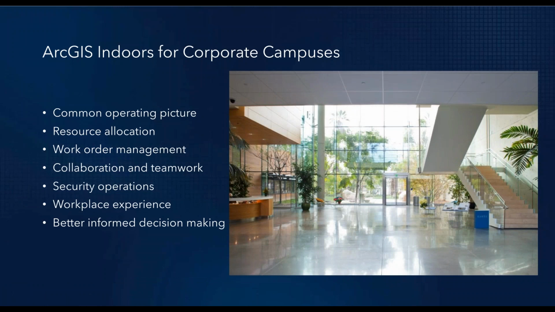So let's take a little bit longer with the example of corporate campuses. Managing big office complexes efficiently is a major challenge, and ArcGIS Indoors is providing the means to tackle these head-on and create a smart workplace. So what ArcGIS Indoors does is it visualizes places, people, and objects on a digital workplace map. And since all workflows are connected to location, everything is digitally enabled.